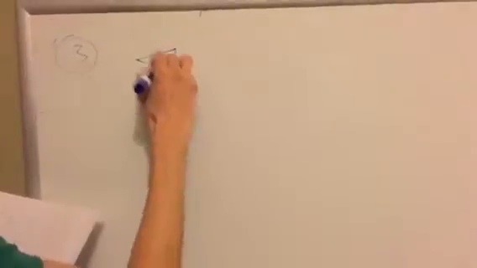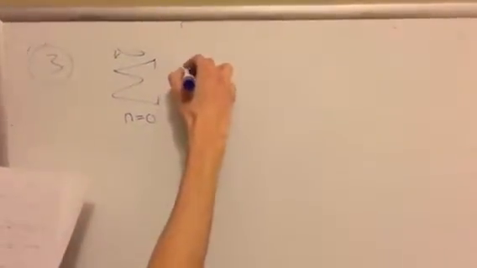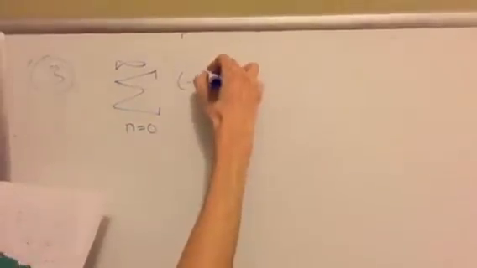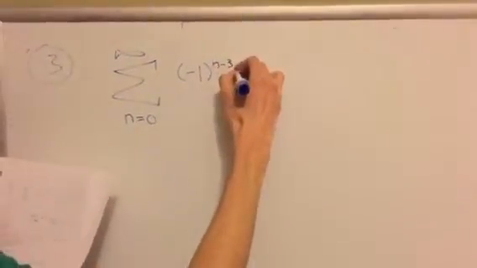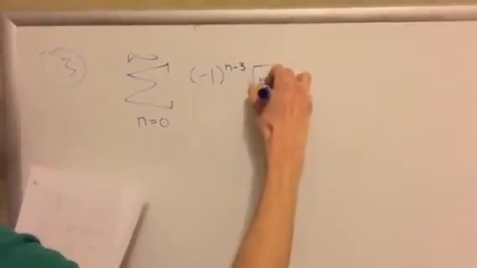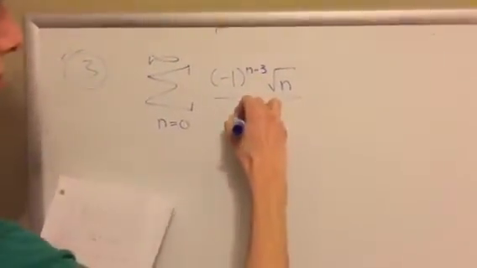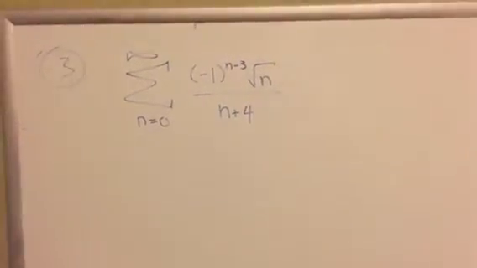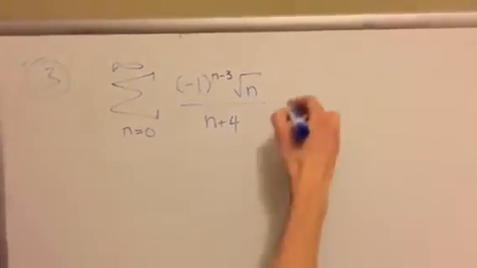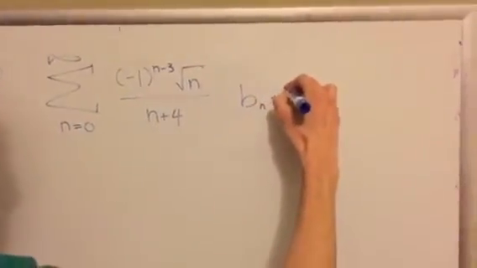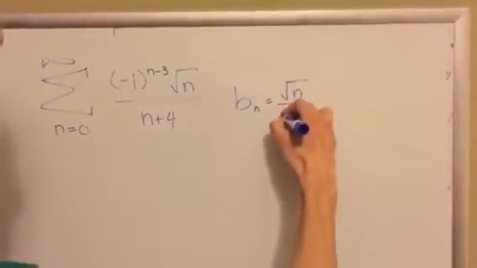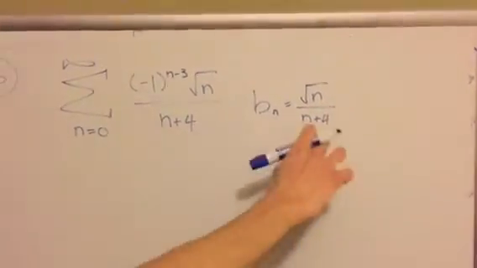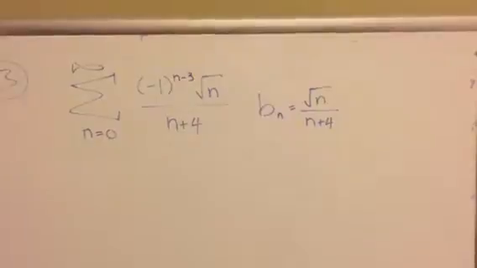And the final example is a little bit trickier, which is, okay, that's the series, and b sub n is the square root of n over n plus 4.